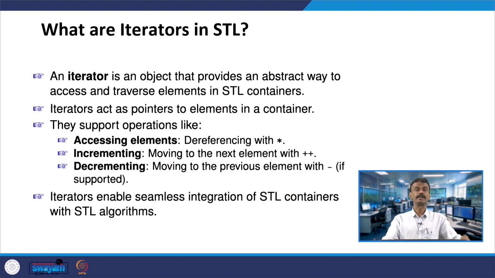So, these are all the operations the iterators can support, that means accessing elements, incrementing and decrementing. When I want to print the element, I use star, the dereference operator. The increment operator plus plus, if I use it, for one location it will move to the next location. Decrement operator, one location, it will move to the previous location.